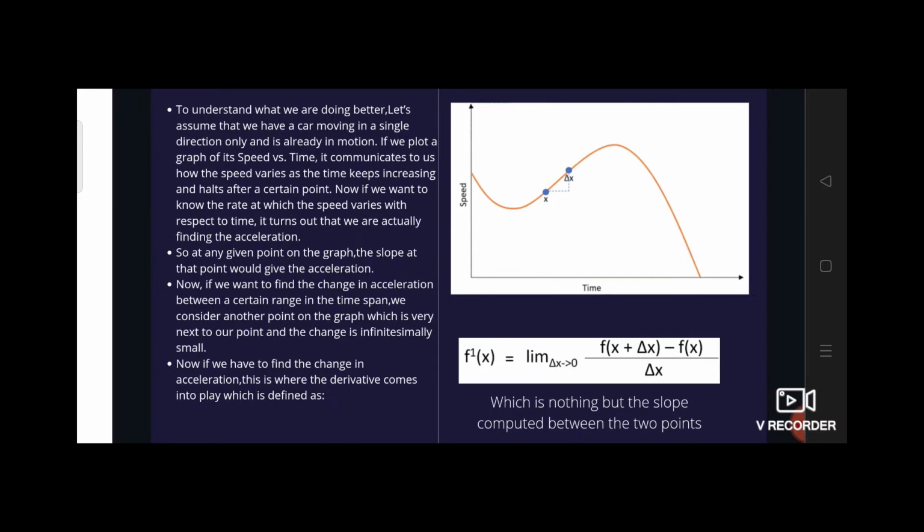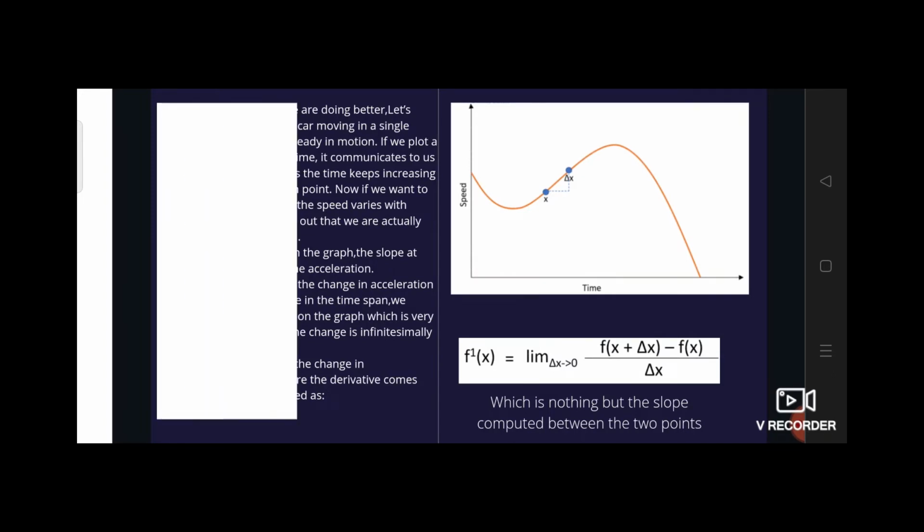Hence, delta x is infinitesimally small. Now, if we need the slope of the graph, it would yield f dash of x is equal to the limit as delta x tends to 0 of f of x plus delta x minus f of x divided by delta x, which is delta y by delta x, the slope in the very minute time frame we considered.